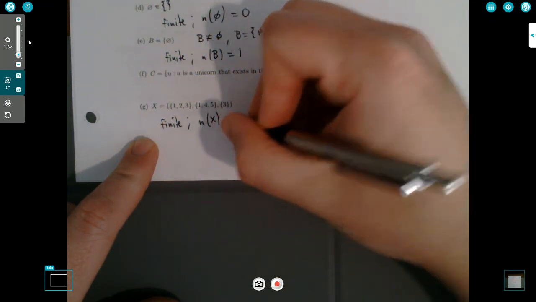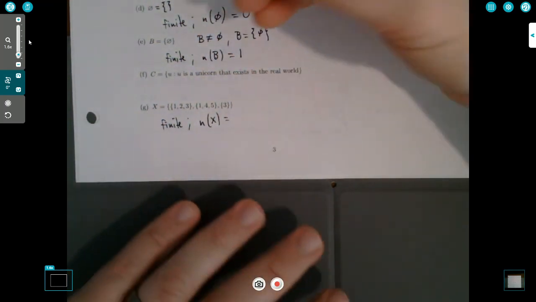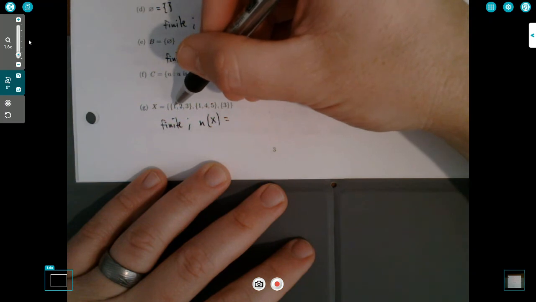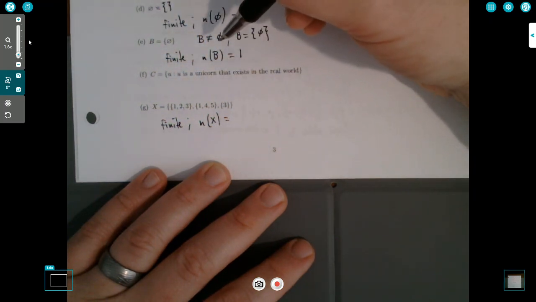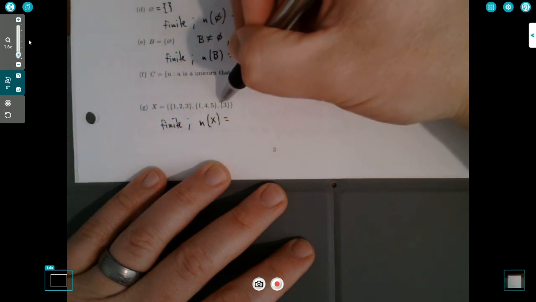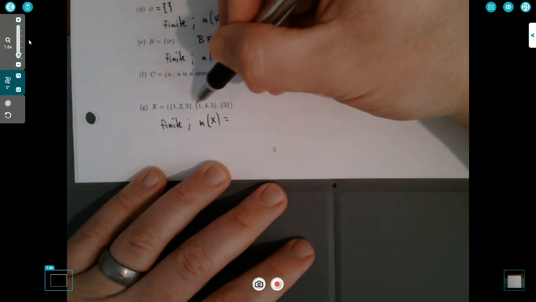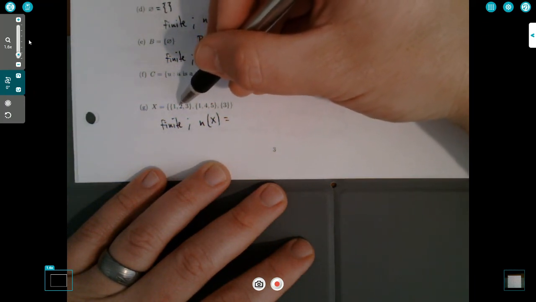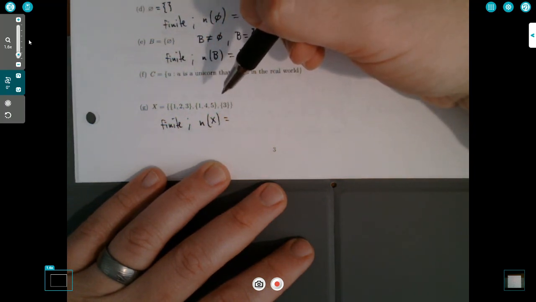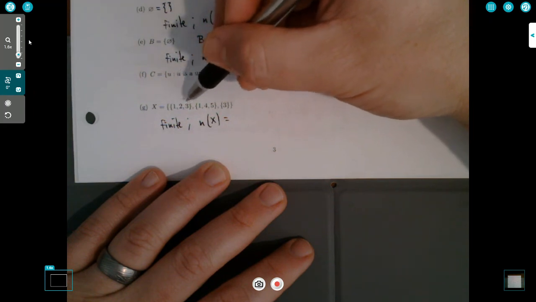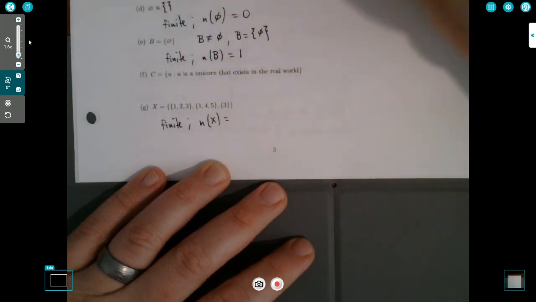In other words, how many elements are in X? Well, you would be mistaken if you said 1, 2, 3, 4, 5, 6, 7. If you said 7, that's wrong. If you said, oh, well, the 3 repeats, so just get rid of the repeat, the 1 repeats, get rid of that, so say 5, that's still wrong.